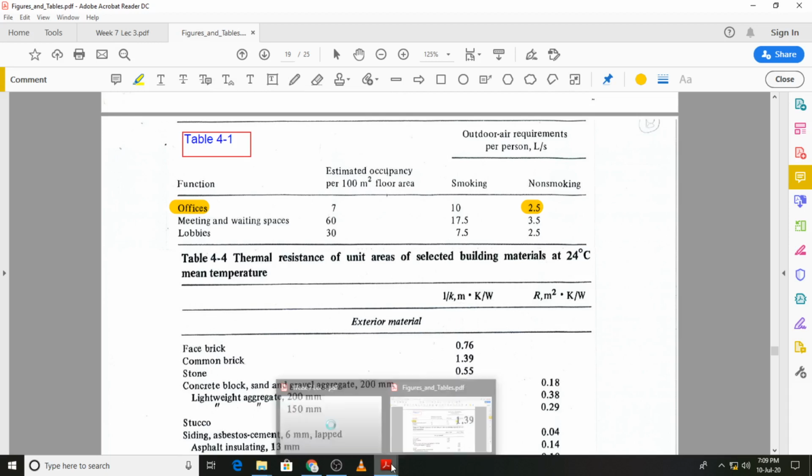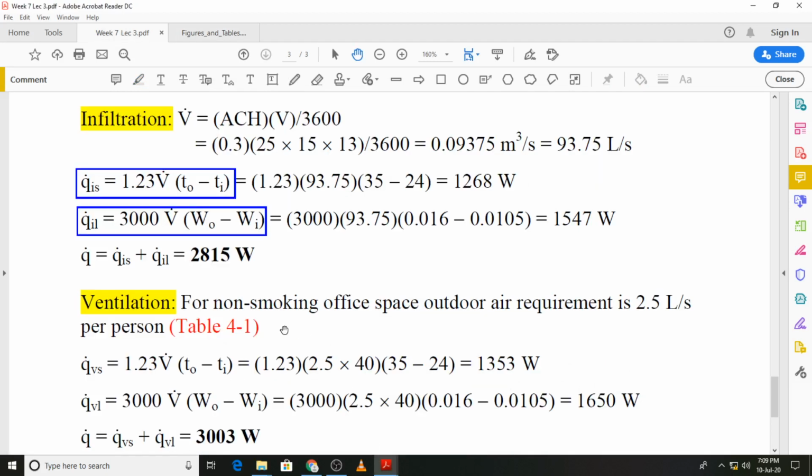So we can return to the solution, and you can see that the value 2.5 is multiplied by 40, and the values for T0 and Ti and W0 minus Wi are the same as we used earlier for the case of infiltration. You will find the sensible and latent loads due to ventilation, and the total load due to ventilation will be the sum of these, that is 3003 watts.